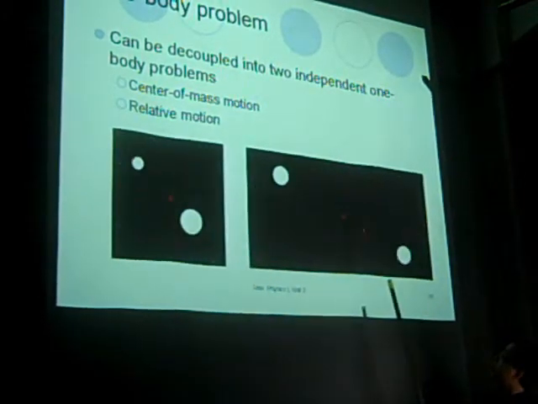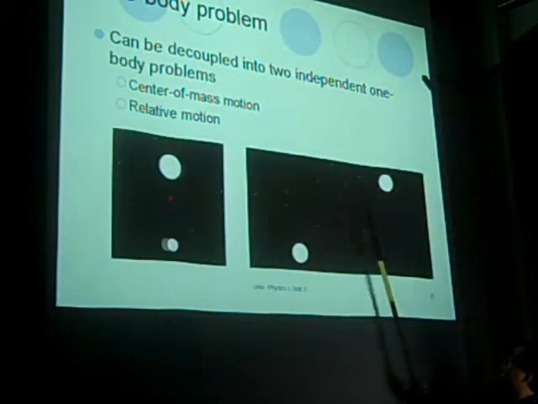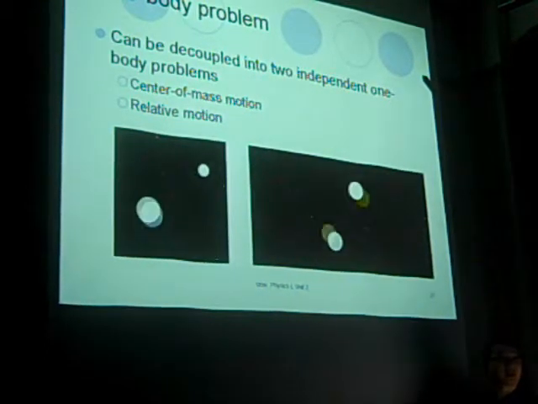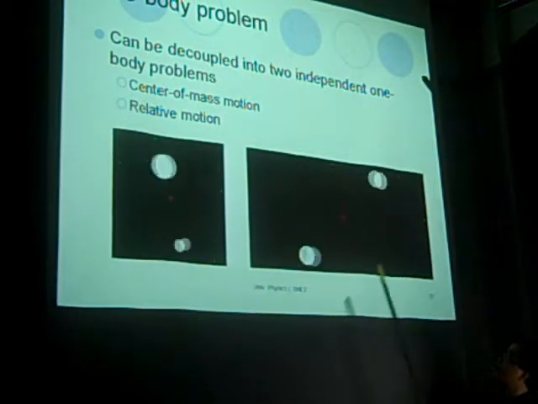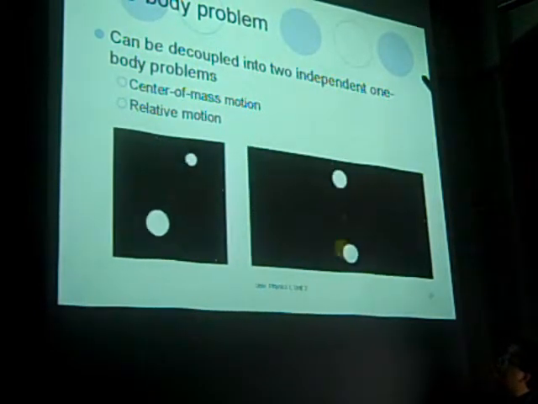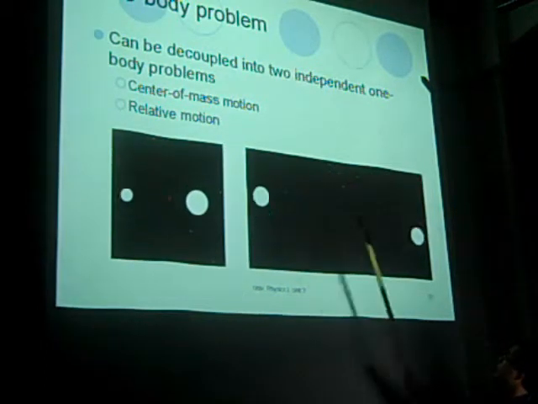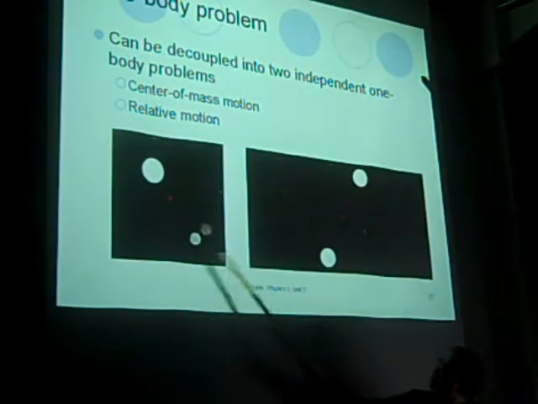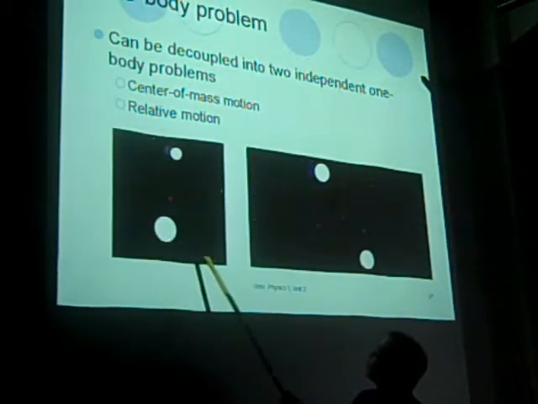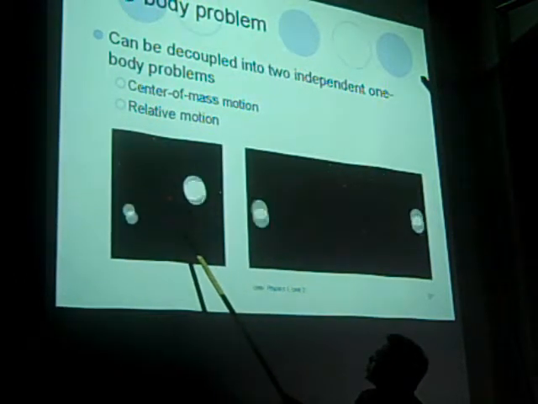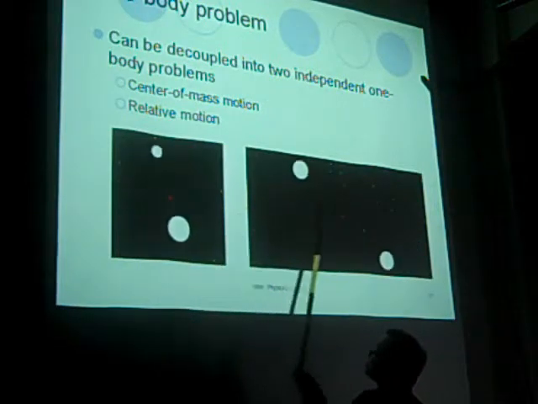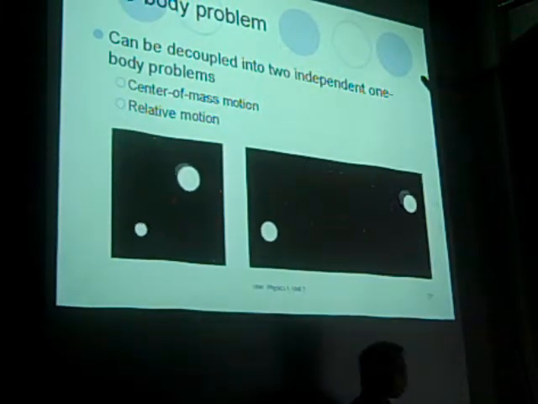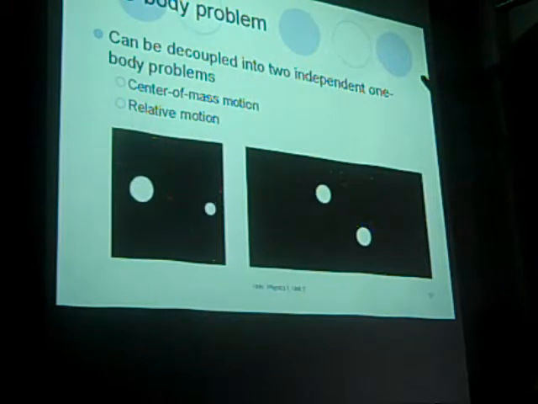If you don't do this decoupling, if you just look at the two objects, it's quite complicated. And this is even the most simple case. The masses of the two objects in this case are the same, and in this one they are not the same, a little bit different. There is no intersection between the two objects. So that's the two-body problem.